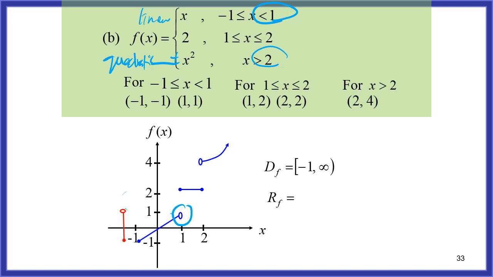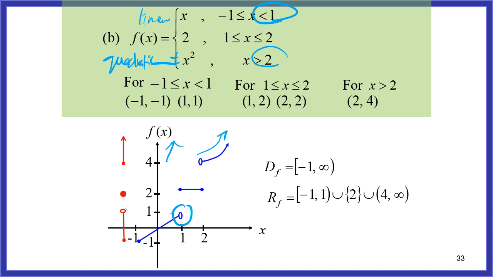The next value we have is 2, so we have 2 only, and then it continues starting from 4, going up to infinity. That's why our range will be a combination of all of these intervals, which is negative 1 up to 1, where 1 is not included, union with 2 only, an element of 2, and then union with 4 to infinity.